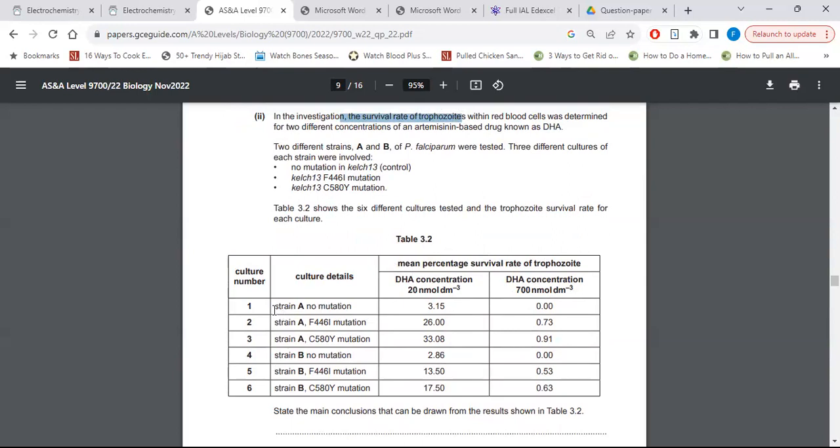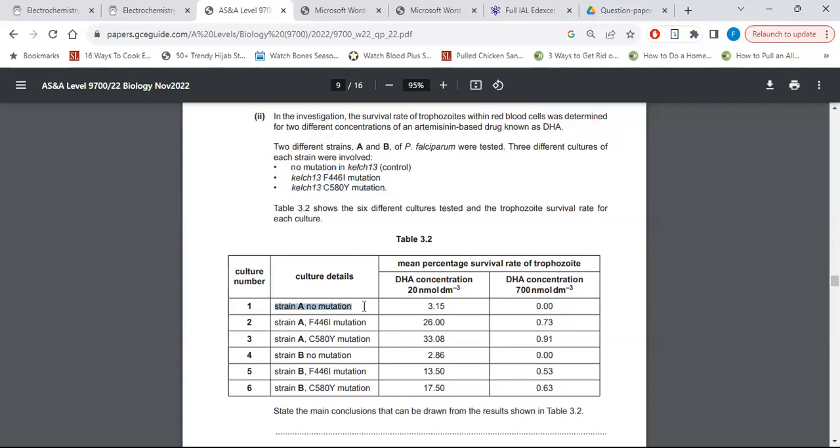Then, as you can see, they have taken two different strains, A and B. So they've taken two different types of the malaria pathogen. They have done no mutation, then mutation with F4461 and mutation with C580Y. Both mutations as well as no mutation. They have considered all the scenarios. Now, this is the result in front of us.